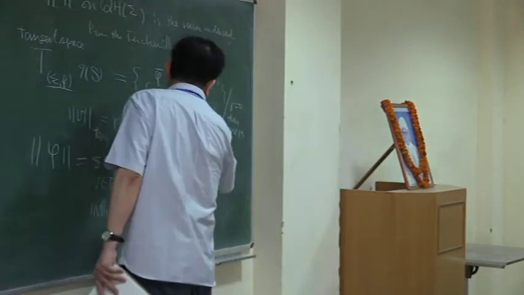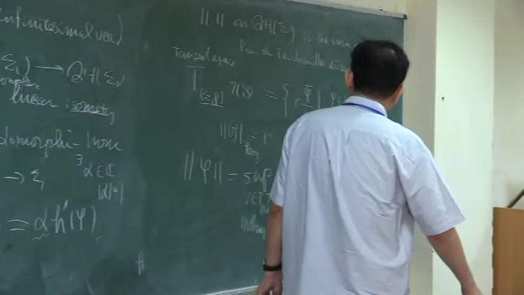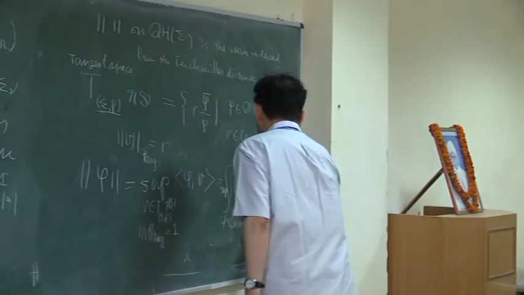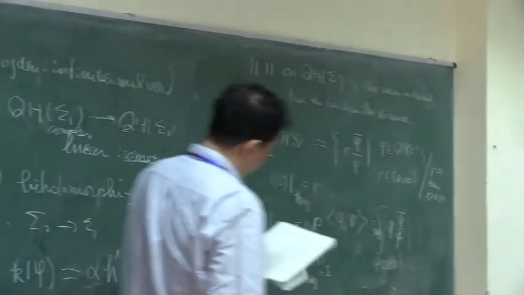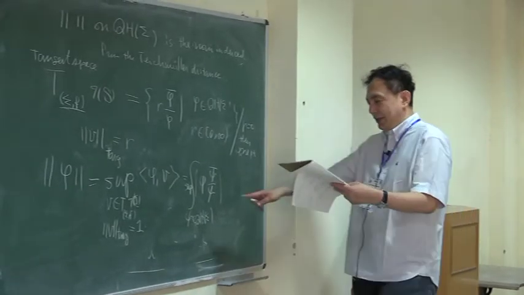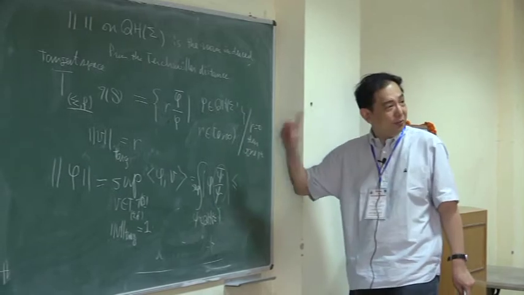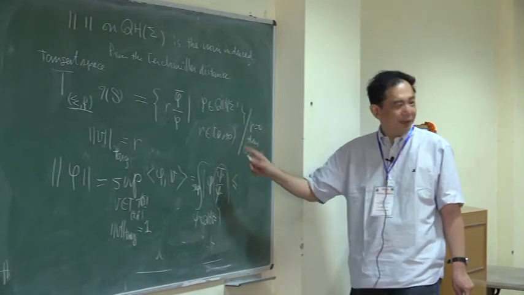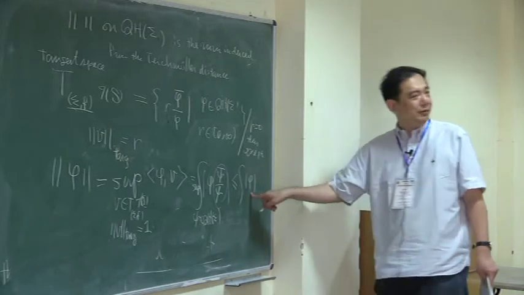You have to take the absolute value of that. Because the absolute value of this one is always 1, this should be smaller than or equal to this one.